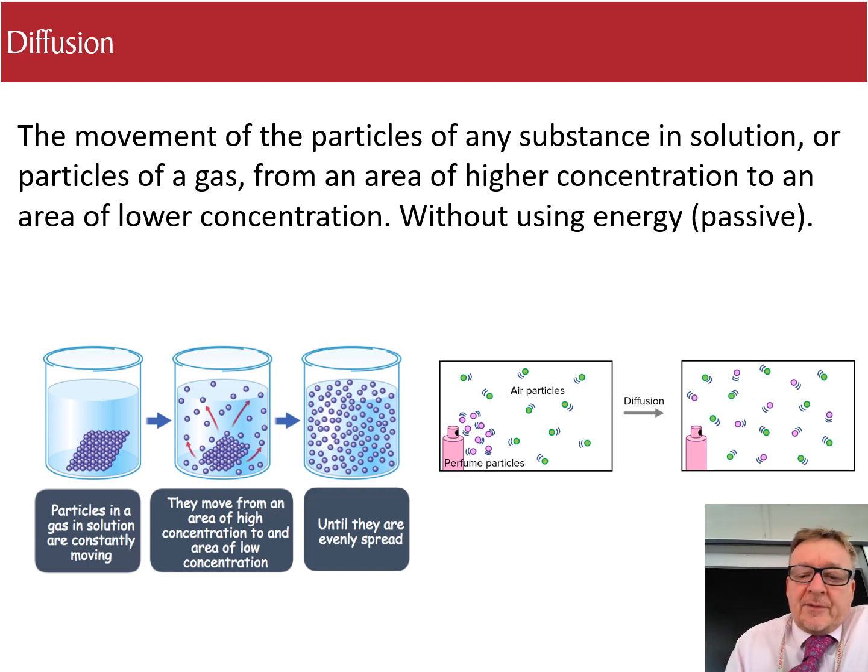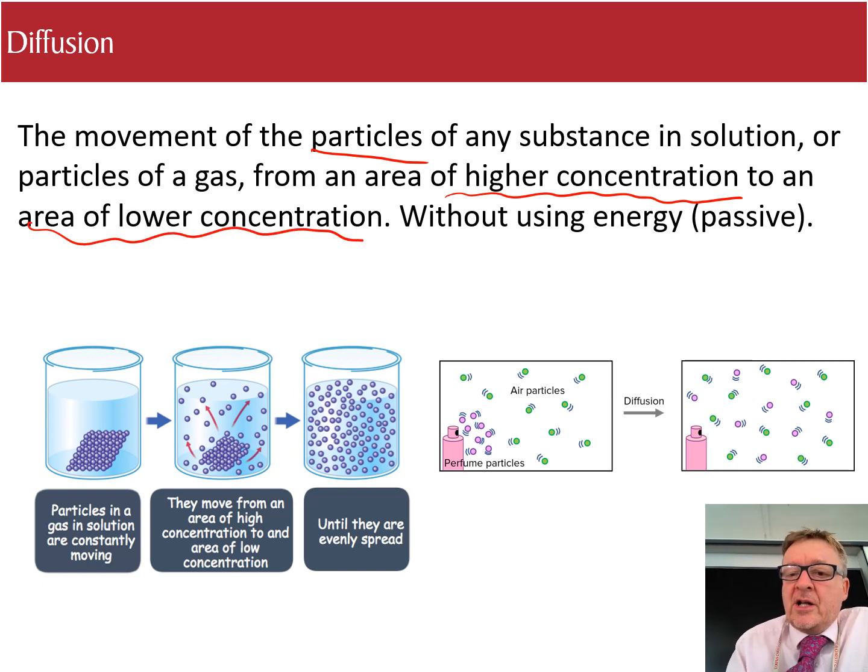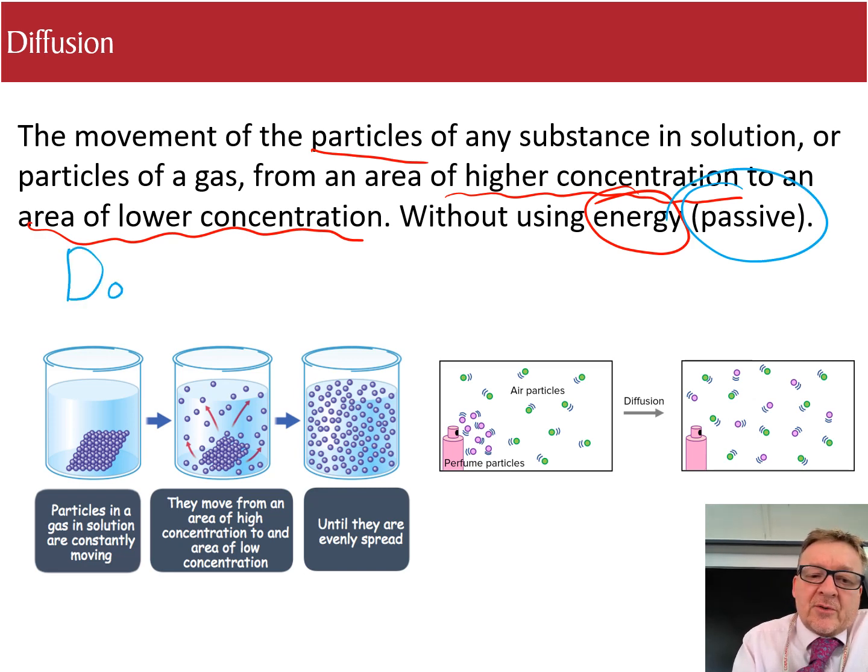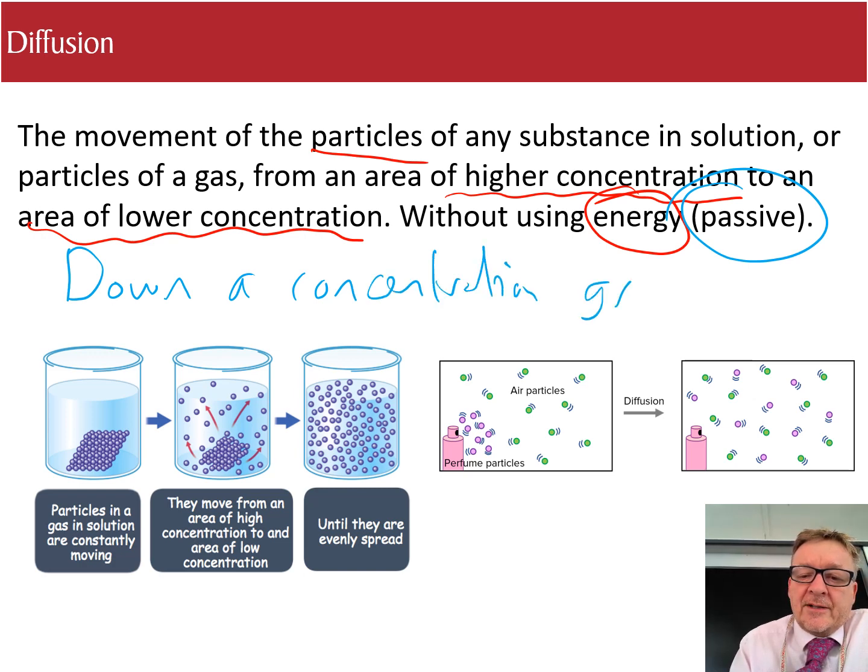Diffusion. Diffusion is the movement of particles of any substance in solution or particles of a gas from an area of high concentration to an area of low concentration without the use of energy, which therefore means it's passive. Sometimes you can also say down a concentration gradient.